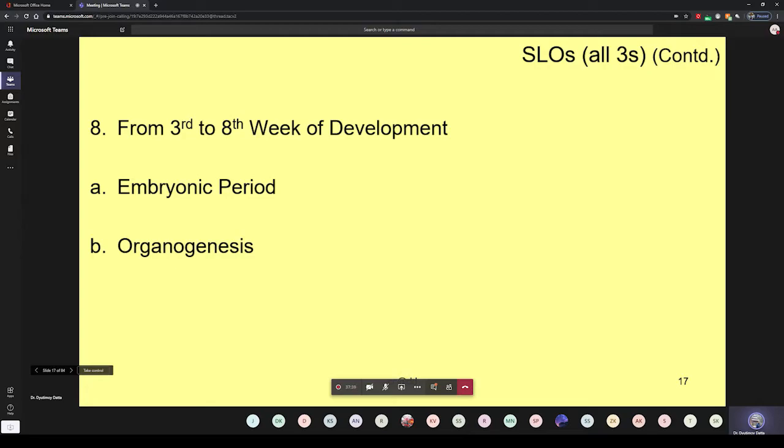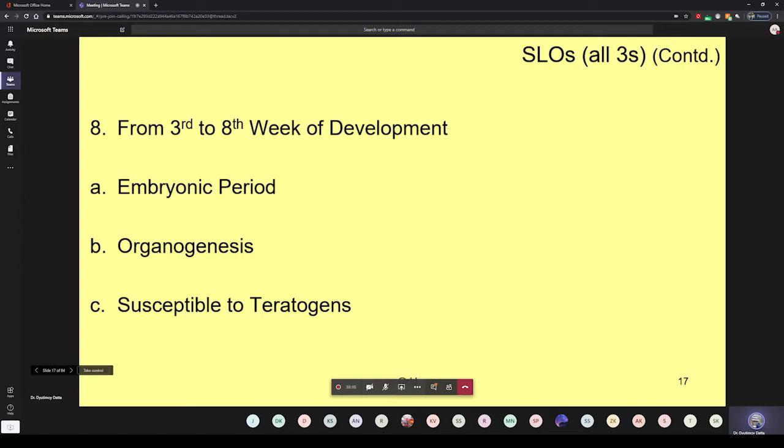What are the types of tissues that you are aware of? There are epithelial tissues, muscular tissues, connective tissues, and nervous tissues. Am I clear with what I'm talking? So when you talk about organogenesis, you must not forget that it includes tissue genesis also.